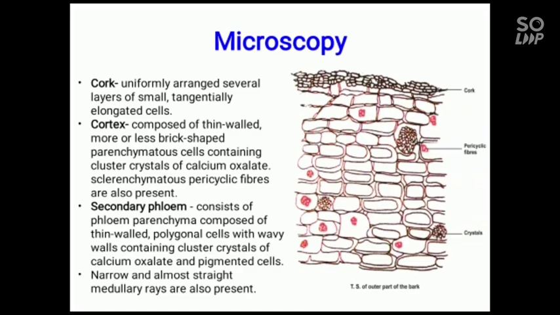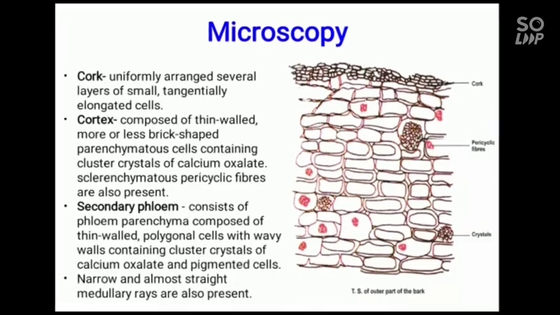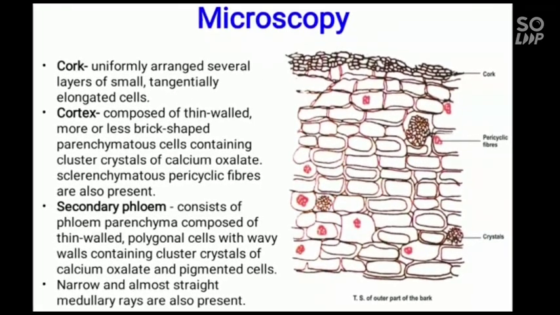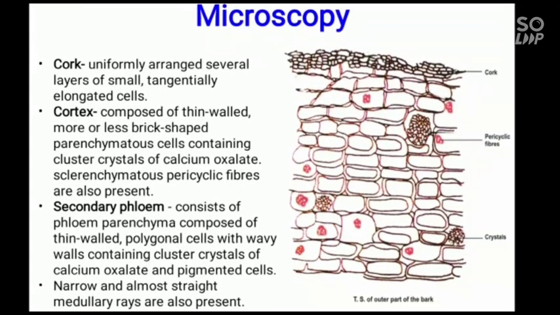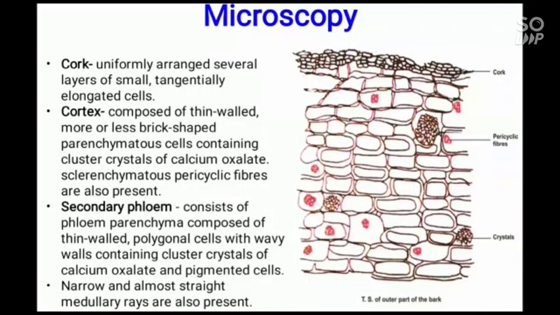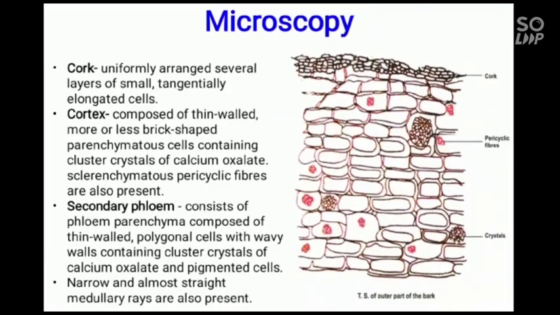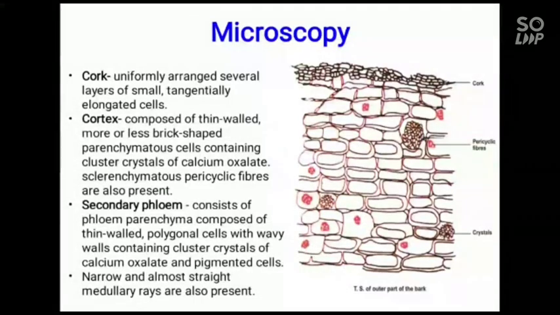Then the microscopy. Here we can see the transverse section of the Arjuna. The uppermost part is known as the cork. Also we can see the pericyclic fibers are present. Crystals, that is, calcium oxalate crystals are present. Cork, uniformly arranged several layers of small tangentially elongated cells.